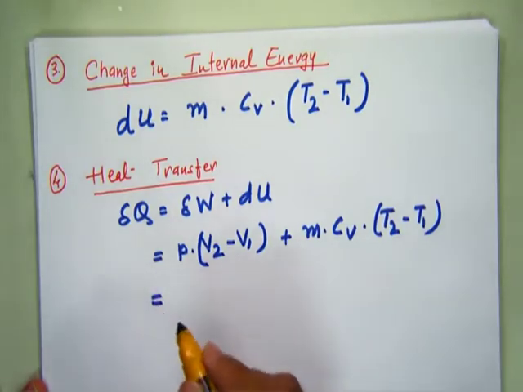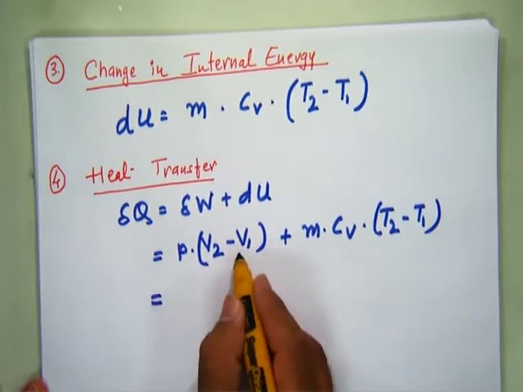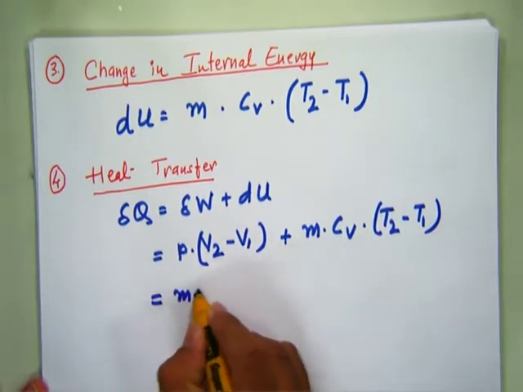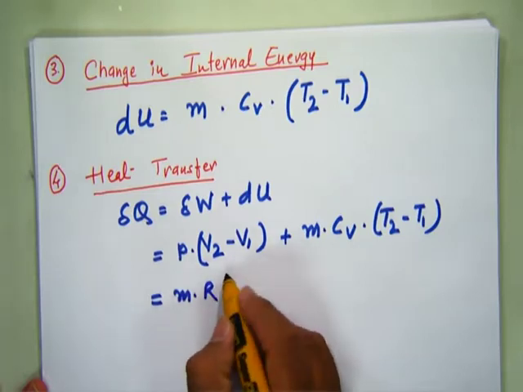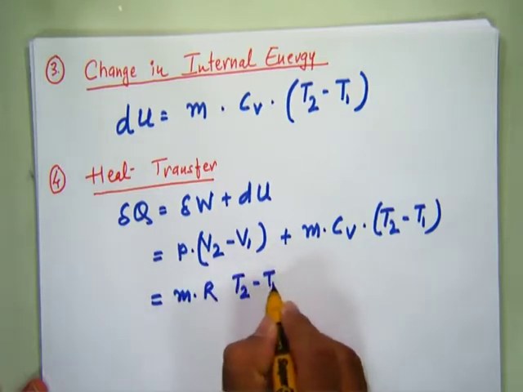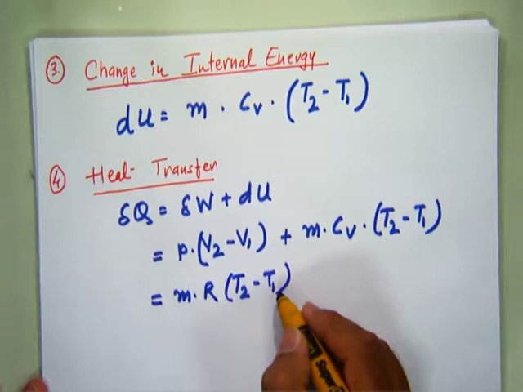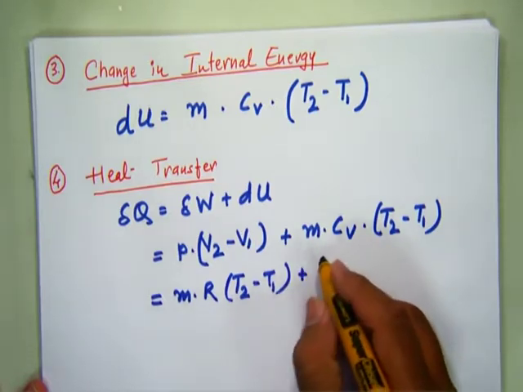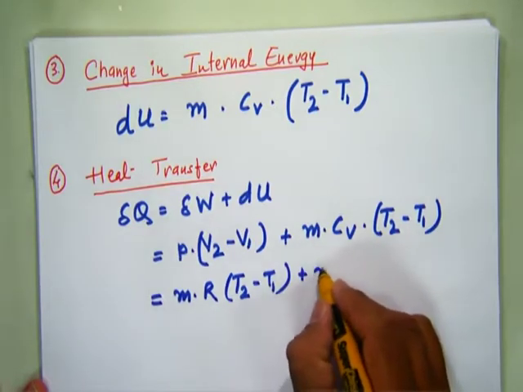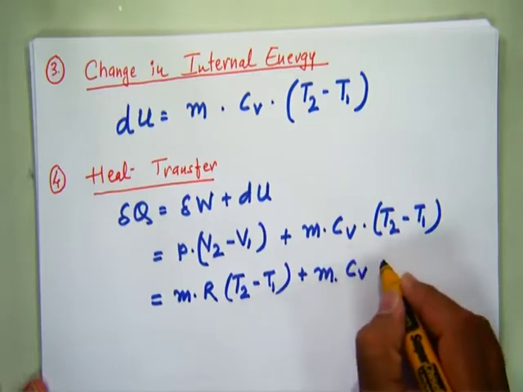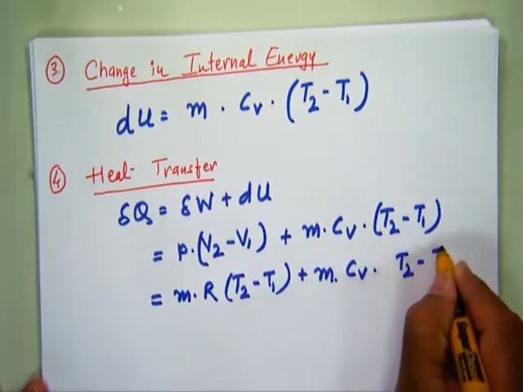This comes as P (V2 minus V1), which is nothing but M R (T2 minus T1), plus M into Cv into (T2 minus T1).